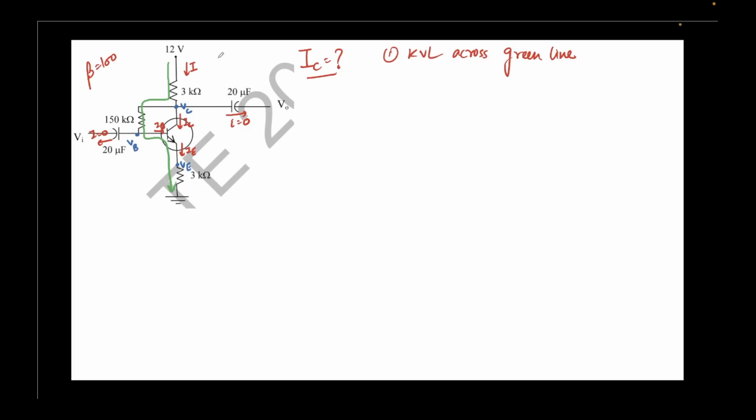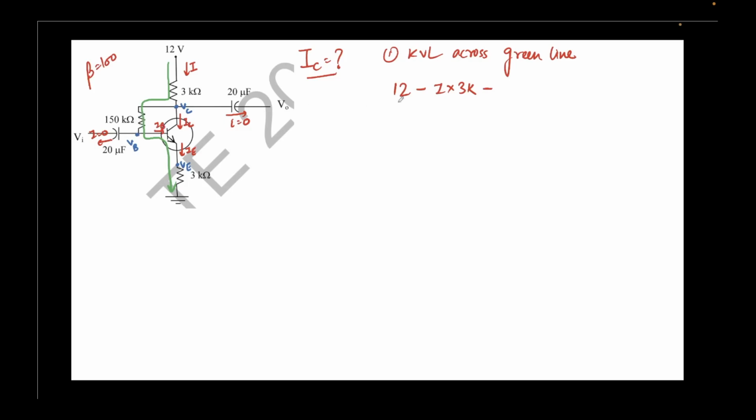So let's apply that. We will write 12 minus I times 3k. Then we'll go here. This will be minus. Now look at this leg. Since no current is flowing through here, if IB is flowing into the base, that IB has to flow through this resistor, correct?